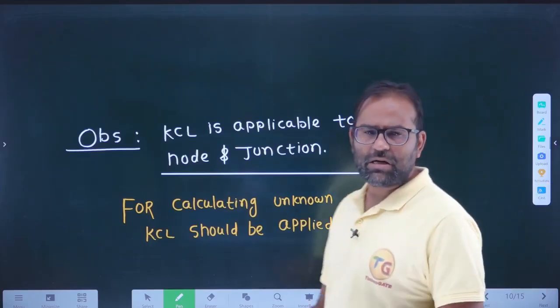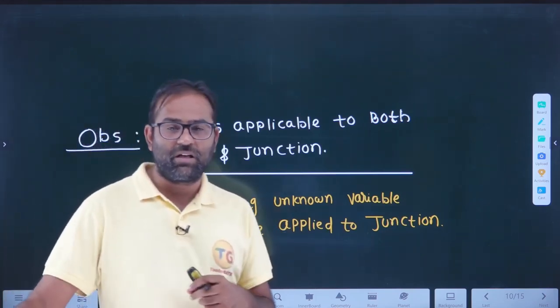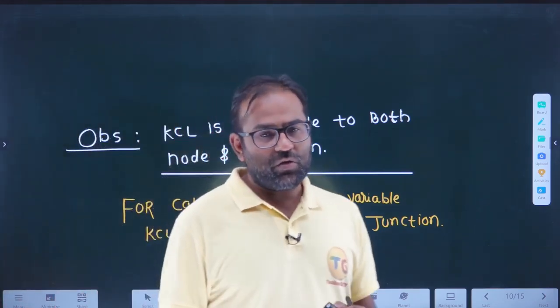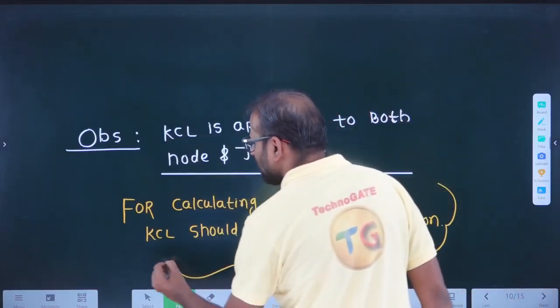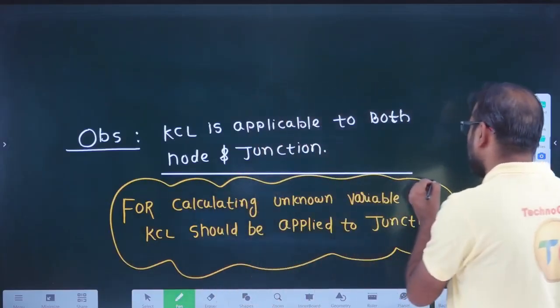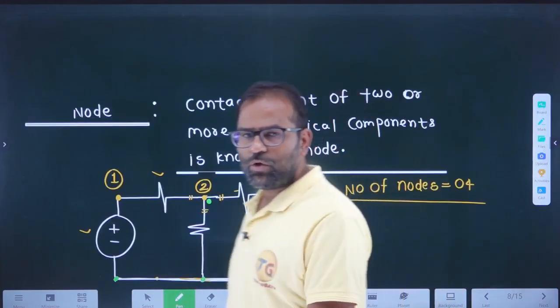So all the doubts related to nodes, junctions, branches, and everything are clear now. This is not a rule, just my suggestion to you, that whenever you want to calculate this, you apply the KCL at a junction. I hope this is clear.